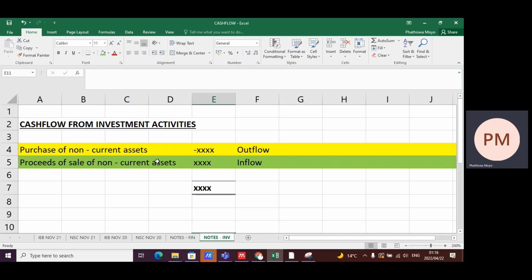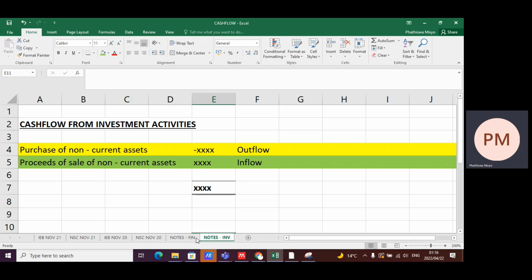So here we just work with the fixed asset note and the fixed asset balances in the statement of financial position and the depreciation in the statement of comprehensive income.